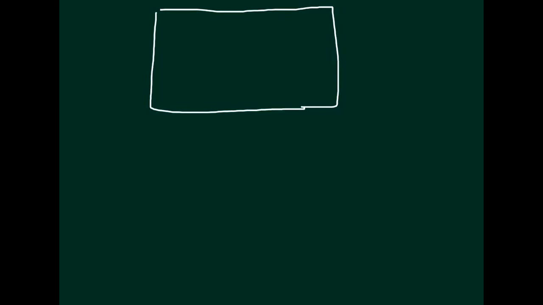If we need to find the diagonal in the rectangle, and we have the measurements of two sides, one is 15 centimeters, another is 5, right? Now, does anybody see what I see right now?